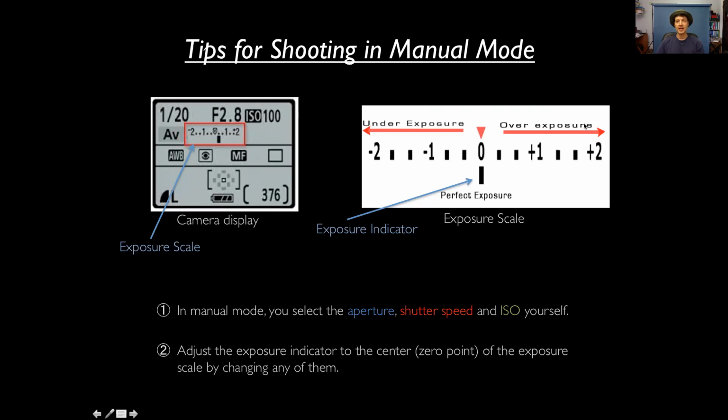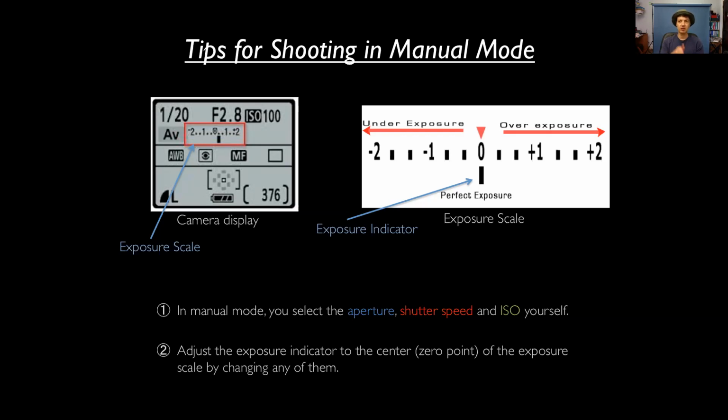So here we have, for example, our exposure scale. You'll see this either when you look through your viewfinder or some form of this. It's like a number line going into the negative for the underexposure over into the positive for the overexposure.